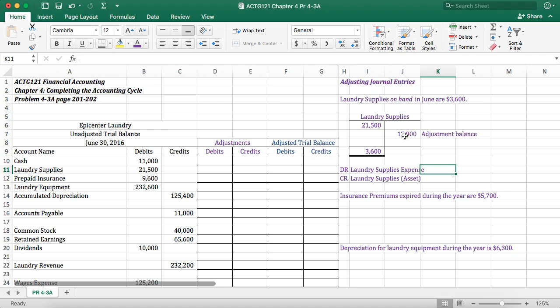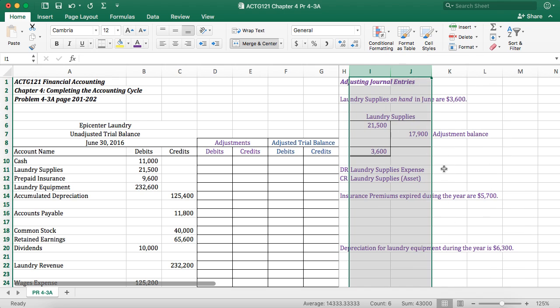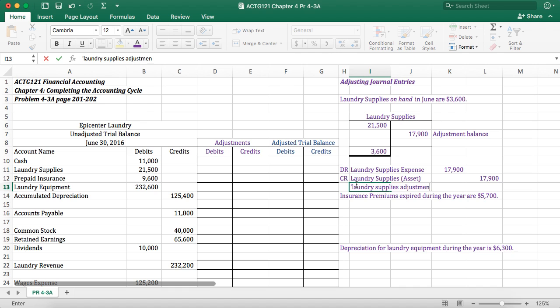So the dollar amount, let's see if we can make this just a little larger so it all fits. So the dollar amount is going to be a debit to laundry supplies expense, $17,900, and a credit to laundry supplies, the asset, $17,900. And I'm just going to write here, laundry supplies adjustment.